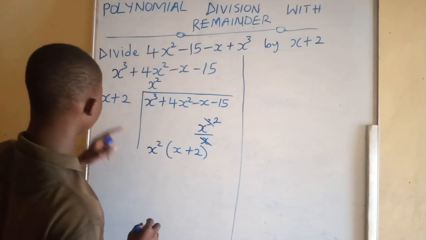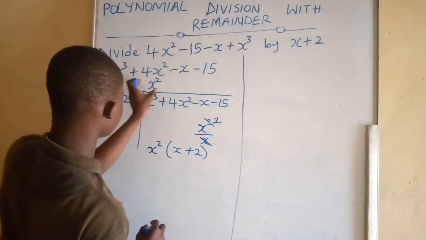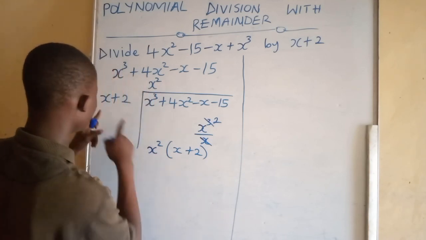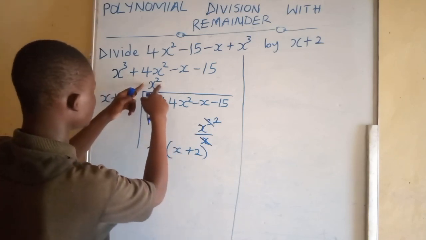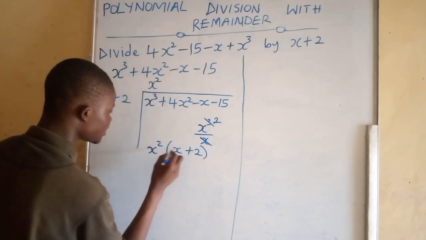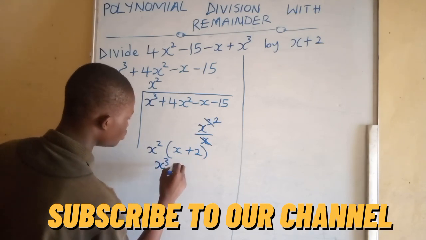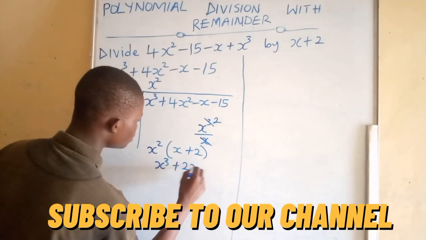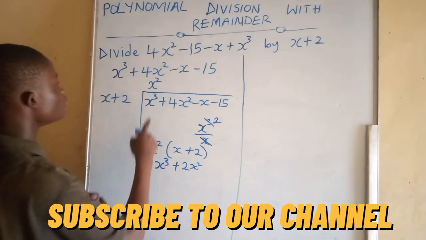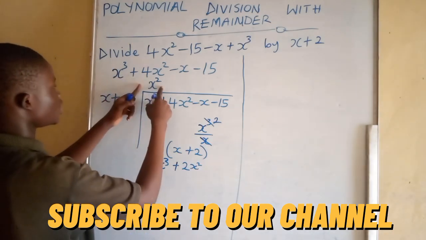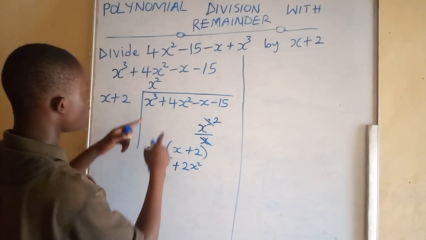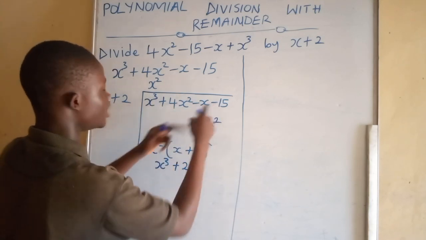We are going to multiply everything here by what is here, x plus 2. We are going to multiply it by x squared. Now x squared times x will give us x cubed. x squared times 2 will give us plus 2x squared. After you multiply this with this, you will subtract your answer from this dividend here.